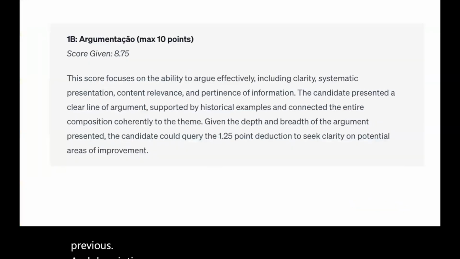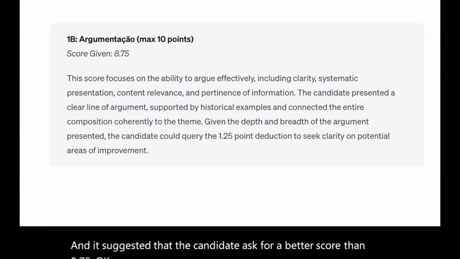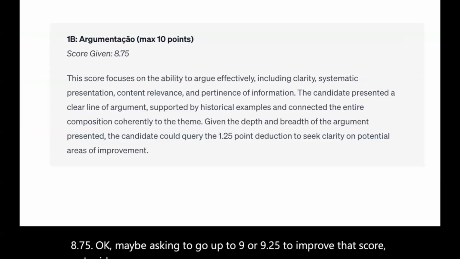So let's look at 1B and 1C and what ChatGPT gave us, okay? And it suggested that the candidate ask for a better score than 8.75. Okay, maybe asking to go up to 9 or 9.25 to improve that score. As I said, we saw the difference between the old and the new score from 2019 to 2023.